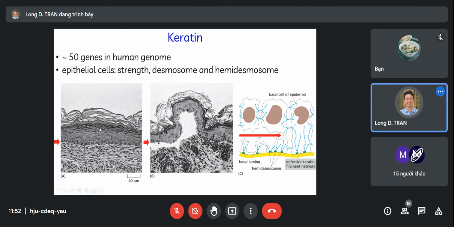If the genes encoding keratin are mutated, then the epithelial cells are easily destroyed, and it leads to disease.